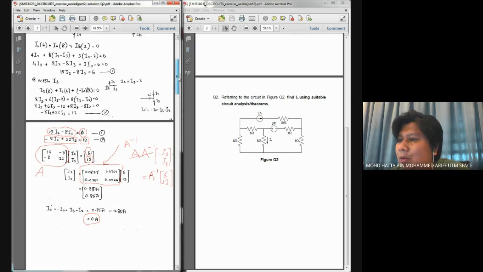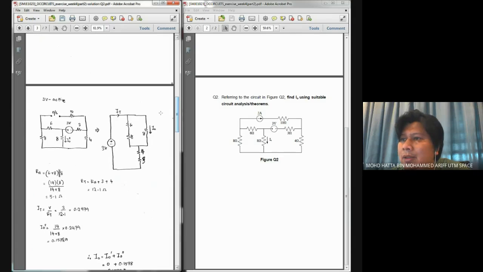And for IO double prime, when 3 volts is active, we should treat the current source as open circuit, and this 3 volt voltage source is the only source available in our circuit.